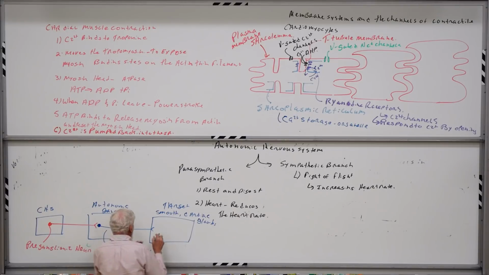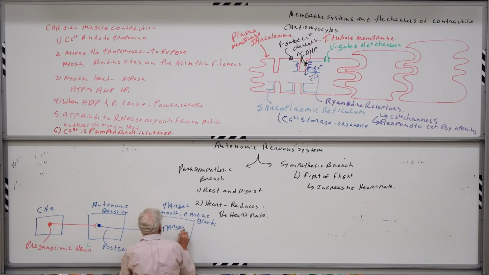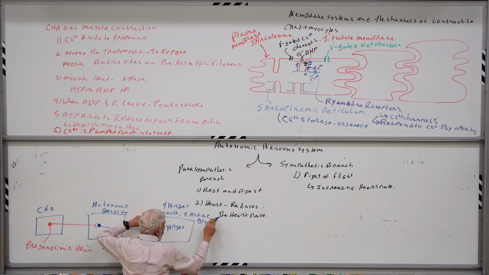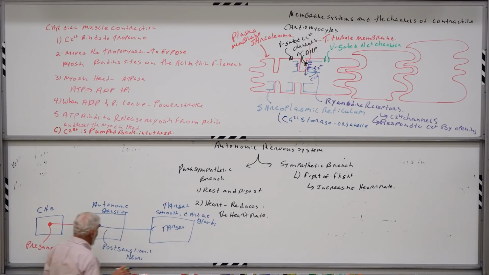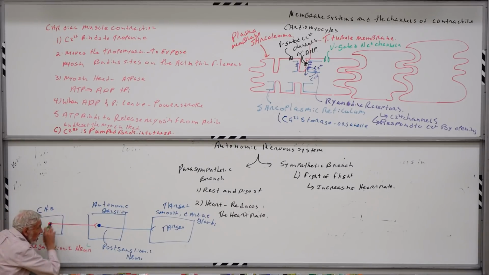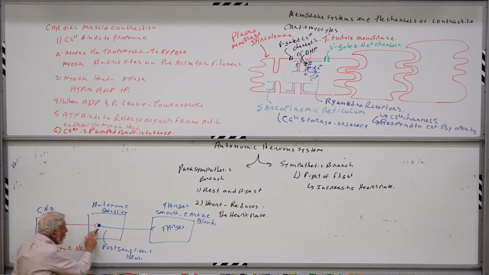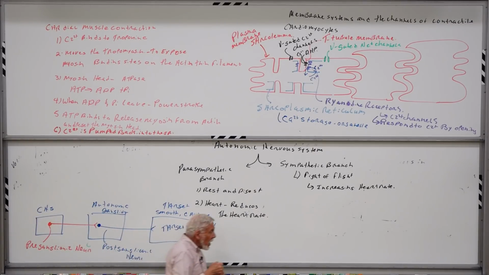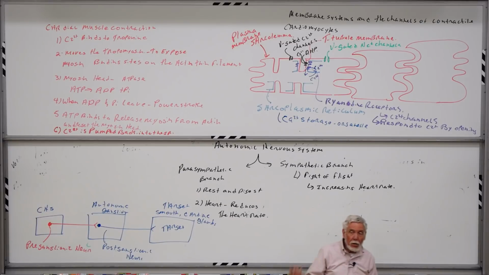And the postganglionic neuron then synapses onto the target, which could be smooth muscle, or it could be cardiac muscle, or it could be a gland. What we'll do tomorrow is we're going to take this 3-cell chain, the preganglionic to postganglionic to target, and now we'll impose that on the sympathetic and parasympathetic branches.